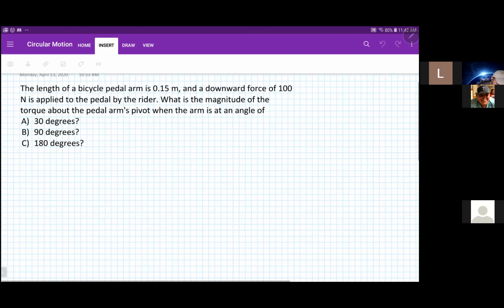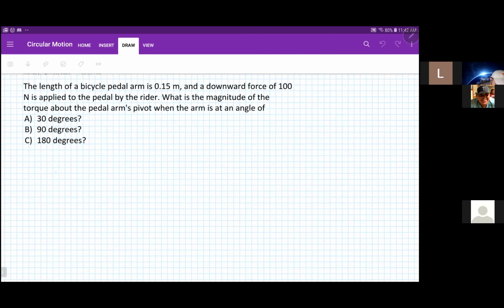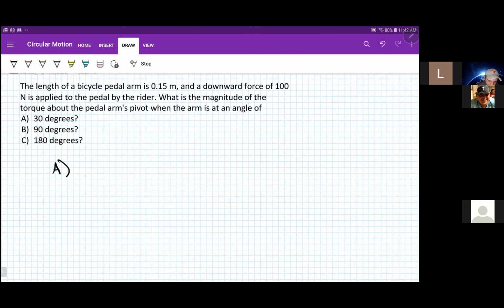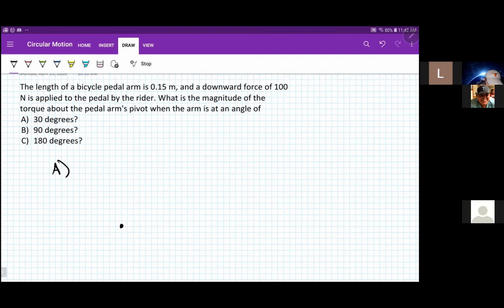All right, so let's do this. A. The first thing I want to do is draw a diagram. So here's my center of rotation O, right? That's the point where my bicycle pedal arm is attached to the gears or whatever.